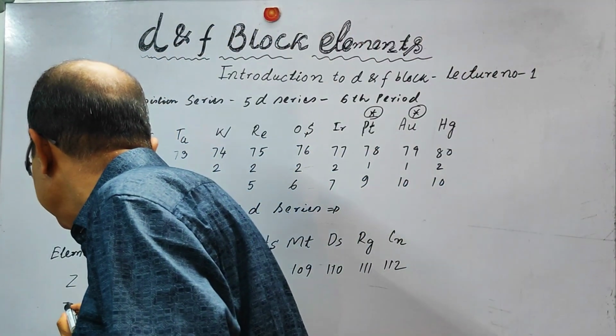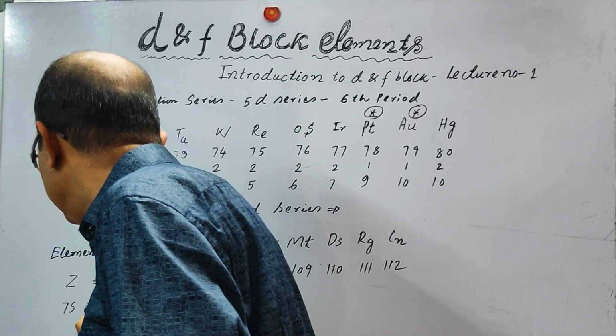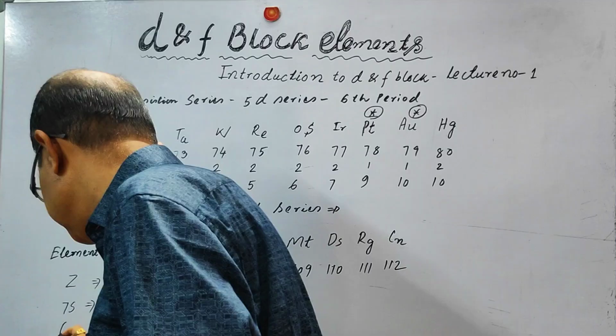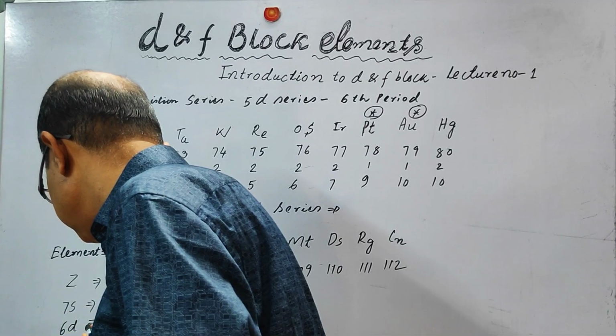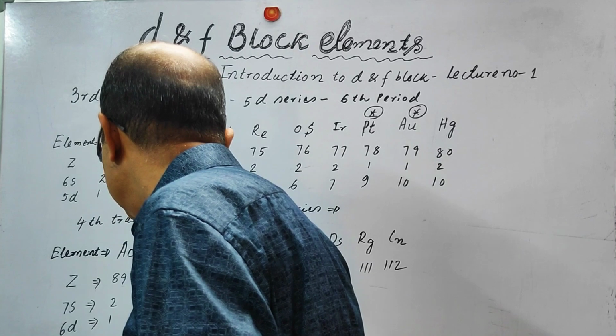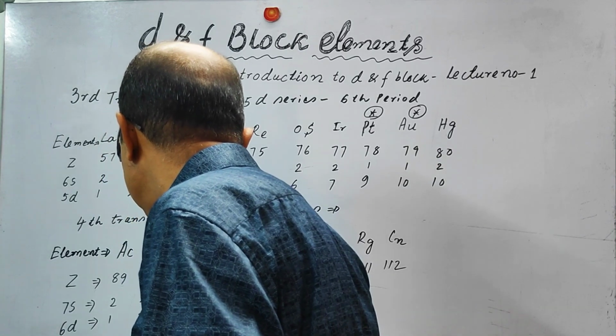And here 7s will already be filled, then it will have 6d. 6d is 1, 2, 3, 4, 5, 6, 7, 8, 9, 10.